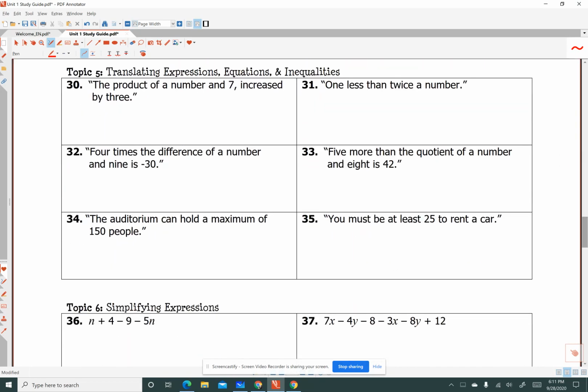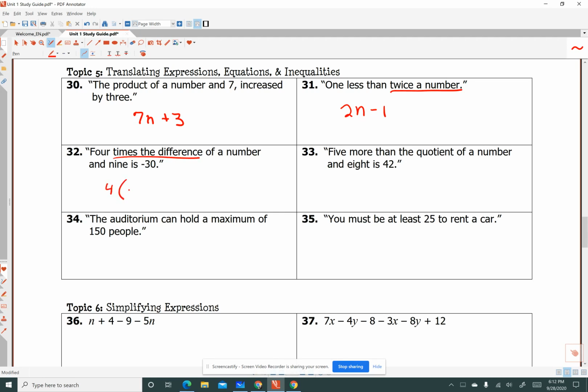Okay, our next topic, translating expressions, equations, and inequalities. The product of a number and 7 increased by 3 would be 7n plus 3. 1 less than twice a number, that's a quantity, so that's 2n minus 1. 4 times the difference of a number and 9 is negative 30.